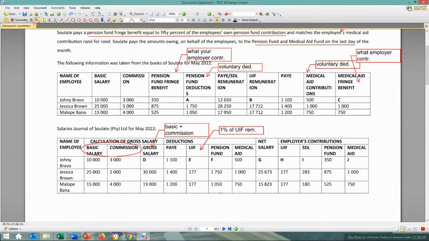What do you guys think the amount is? Umpile says 126 Rand. Okay, let me add a comment here.